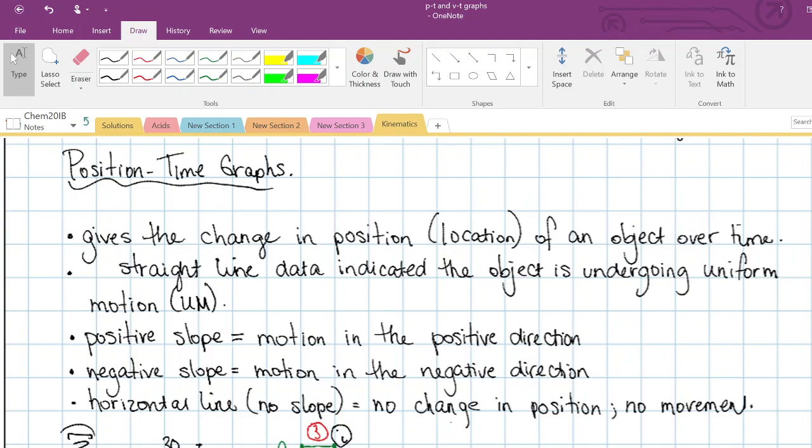I also introduced the term uniform motion to you guys last week. When we talk about uniform motion in physics, we talk about an object that is moving at a constant rate. I used the example of a car on cruise control, moving at a constant rate of 50 kilometers per hour down the street. So we know there's no acceleration up or down of the car.